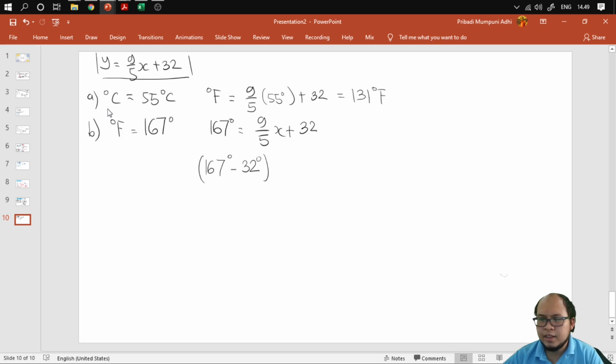This is the same degree, and multiplied with 5 over 9. So it will be equal to x. So the x, which represents the degree Celsius, will be equal to 75.